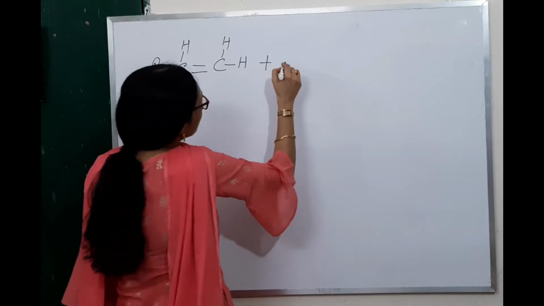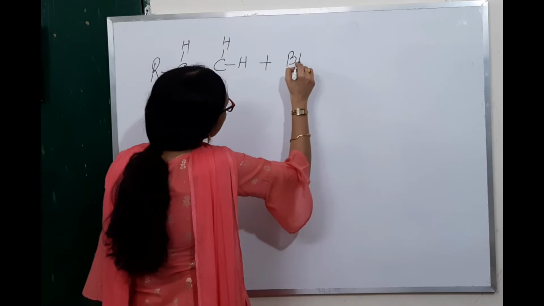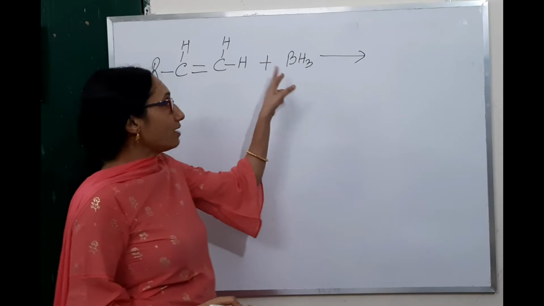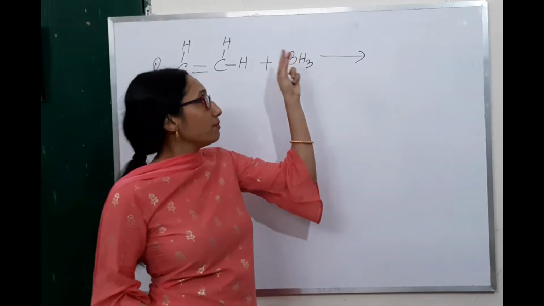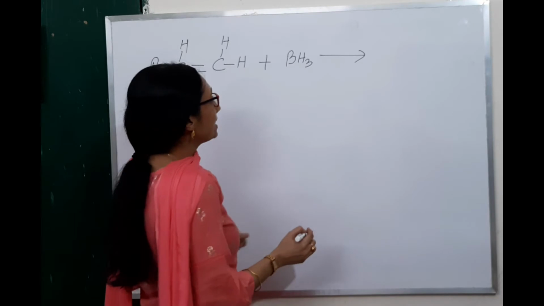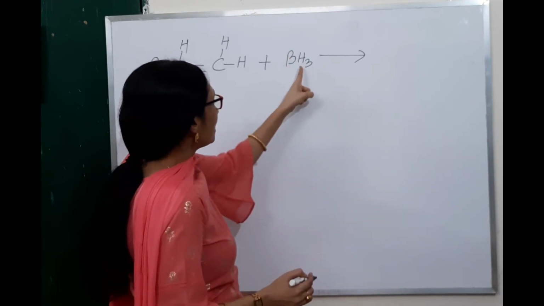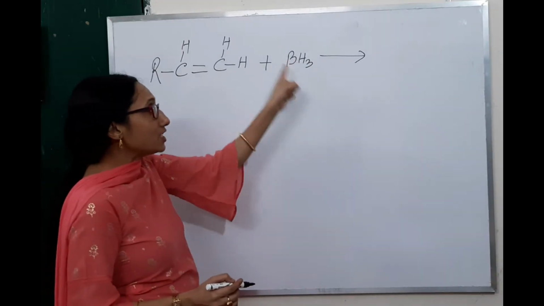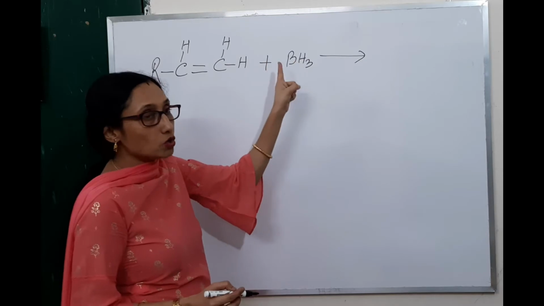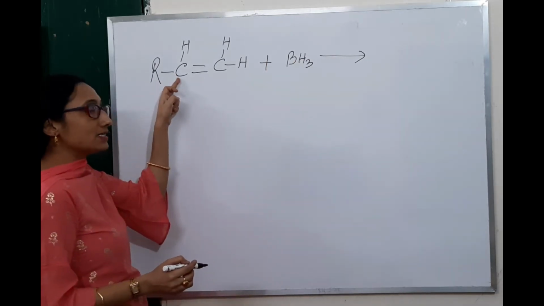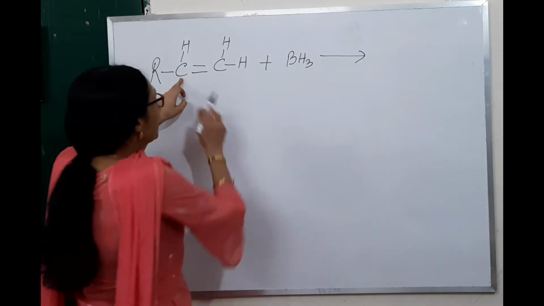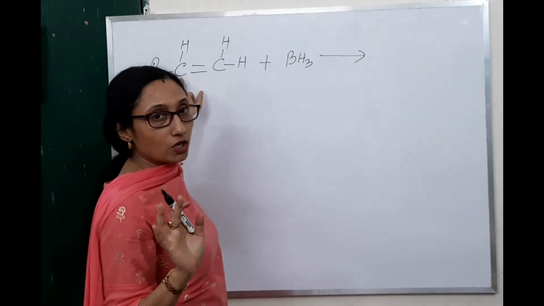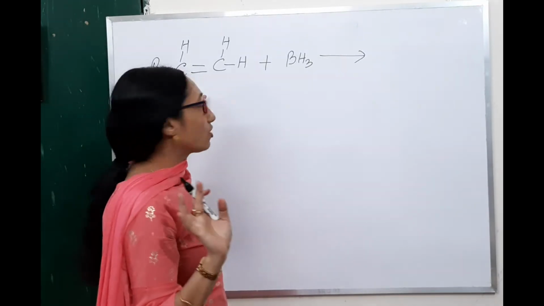We will add here BH3. And now this BH3, as I have told you, we will visualize as BH2 plus and H minus. Now in BH3, this H will be transferred as H minus. And we know that the negative part of the addendum will go to that carbon which contains less number of hydrogen. So in this addition, it will follow Markovnikov's rule. Here it is not anti-Markovnikov's. The net result will be anti-Markovnikov's.